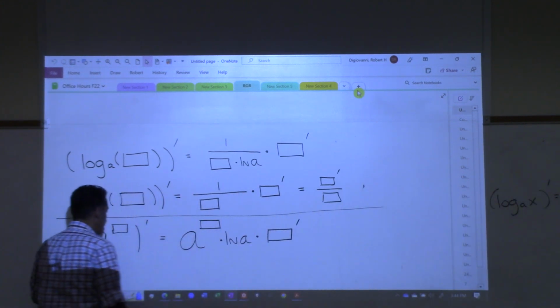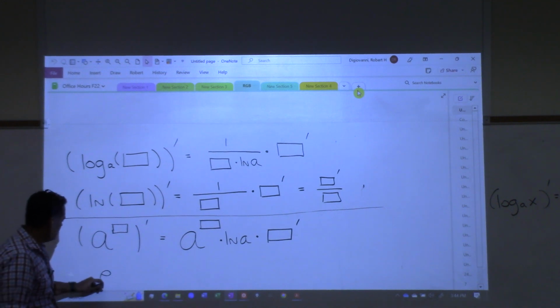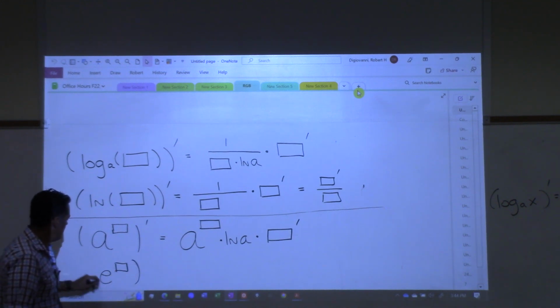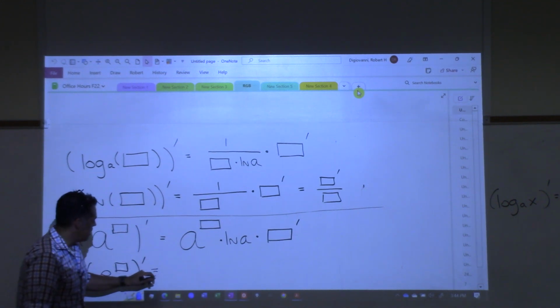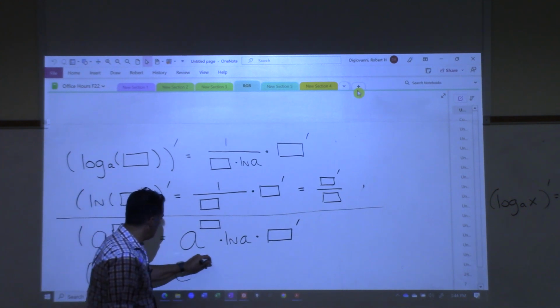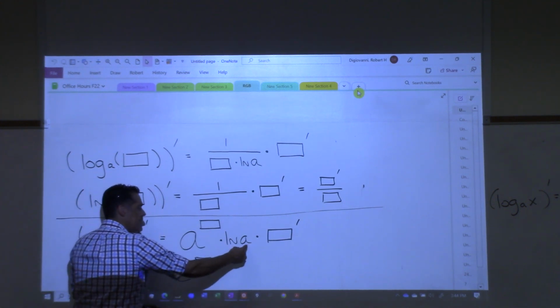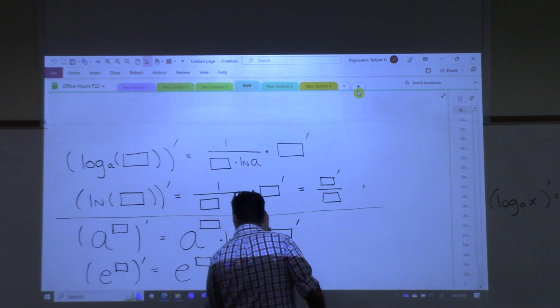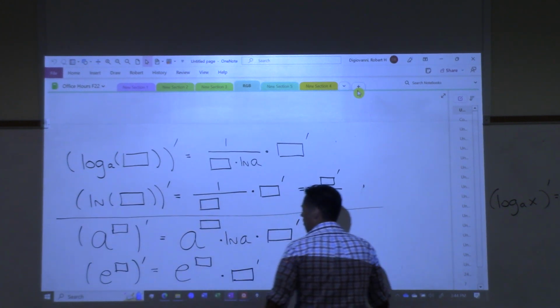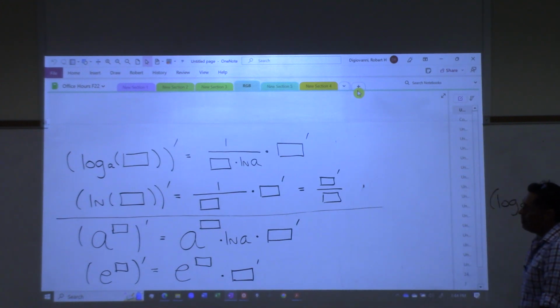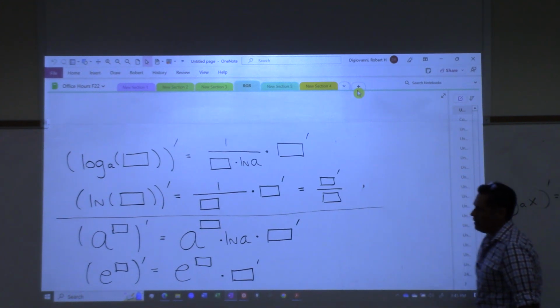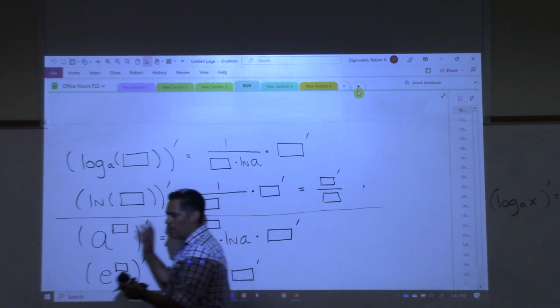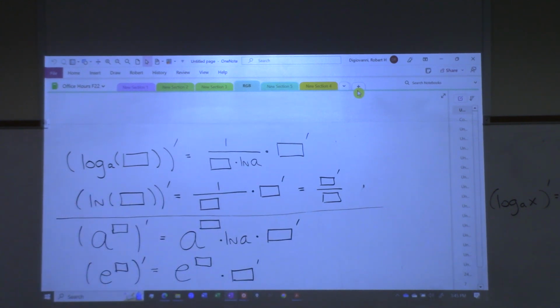And in the special case that it's e to a box, we would get e to the box. The natural log of e would be a 1 right there, so I don't need to write it. But next to it, I'd still have times the derivative of the box. That's a generic symbolic representation of how you incorporate the chain rule into differentiating exponentials and logs.